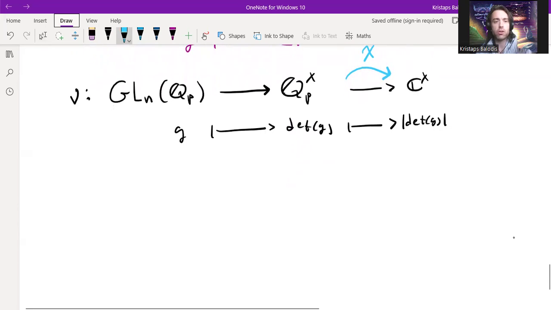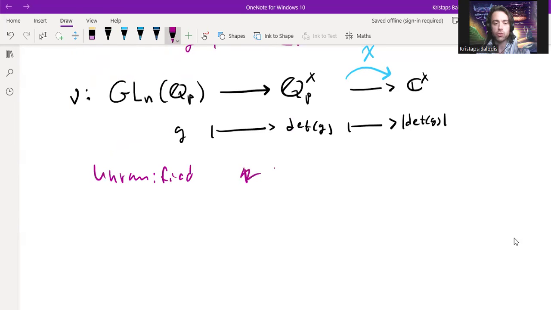So all of our unramified characters are exactly of this form. They're nu to the s, where s is a complex number. That is, it takes some p-adic number, evaluates it using the p-adic absolute value, and then puts it to the power of s.